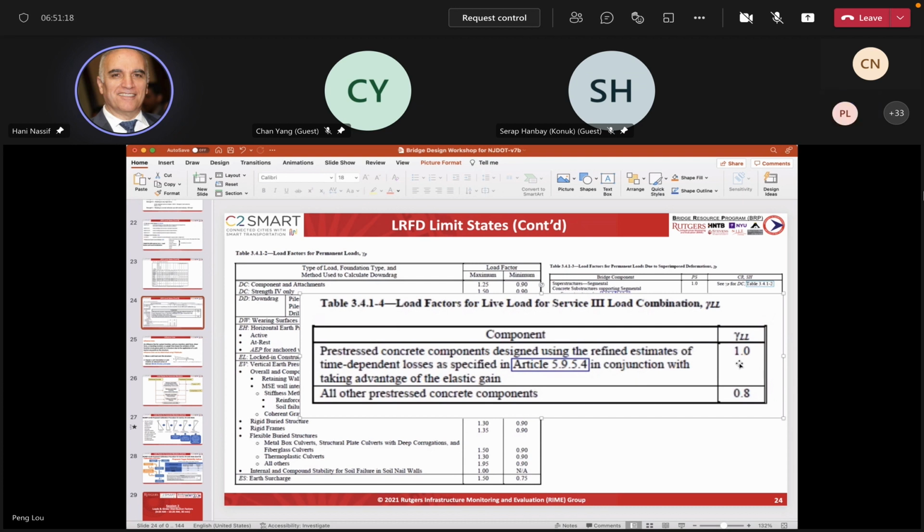Then you are getting the estimate to be more exact than before, and thus the load factor has to be more, 1. Both cases, 0.8 and 1, the outcome should be the same, but it depends on what losses method you're going to be applying. If it's the refined or you use other approaches, then the load factor has to be different.